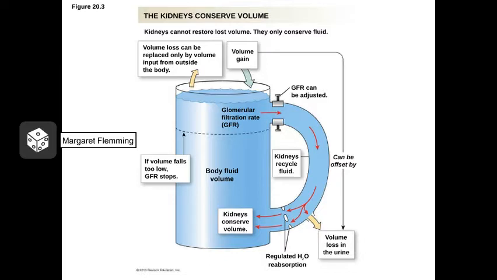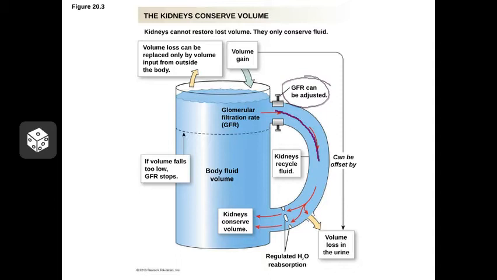We know already that the kidneys function to conserve water volume. Kidneys can't restore lost volume. All they can do is conserve fluid and prevent further loss through the urine. And I really like this summation, big picture, of how the kidney does that. We know that GFR is going to influence fluid output.